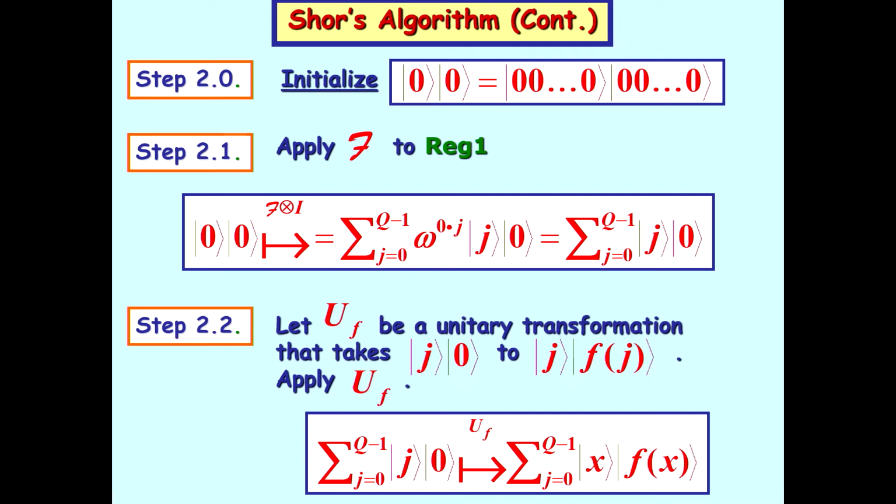The next thing we do is apply a unitary transformation, U sub f. f is the periodic function, which takes each of the 2 to the n possible integers into the corresponding value. So after this operation, we have in superposition all argument-function value pairs for the function f.